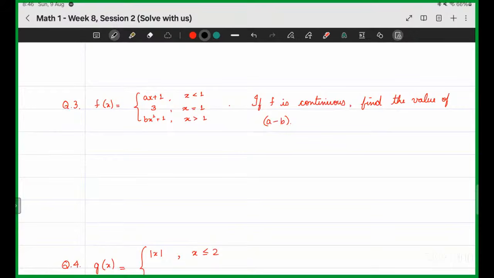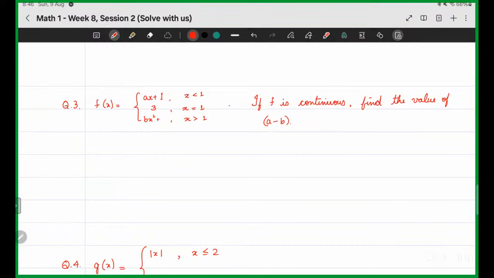A is 1 here. Is that AX plus 2? Where it's 1, sorry. Yeah, okay.